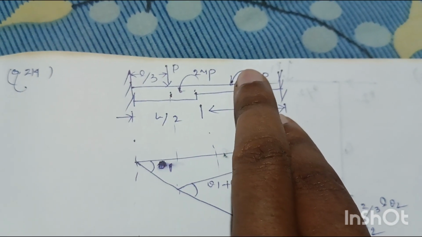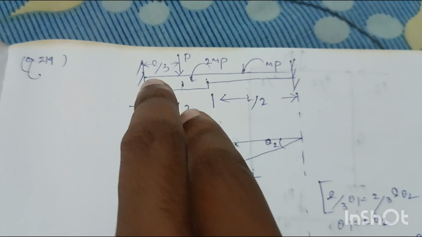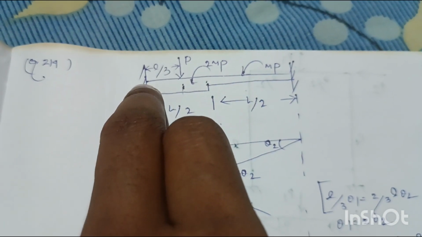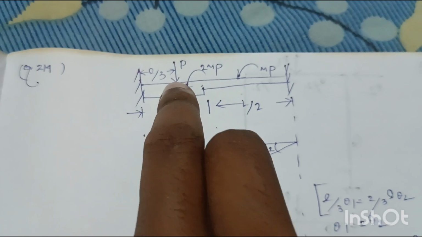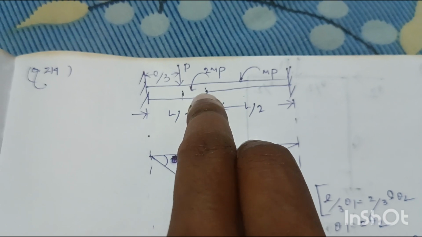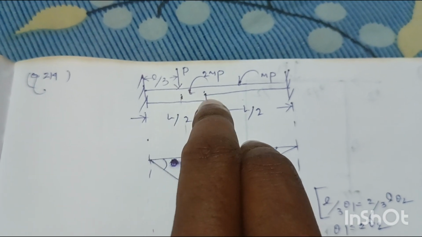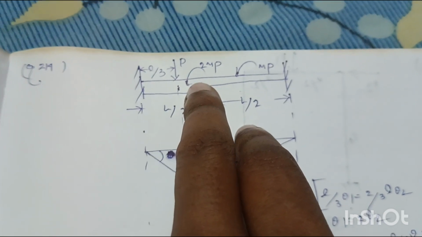So first we have to know the plastic hinges will form at this fixed position, at the point where the point load acts, and at the point where the section changes. Here the moment capacity changes from 2 MP to MP, so a plastic hinge will form here.